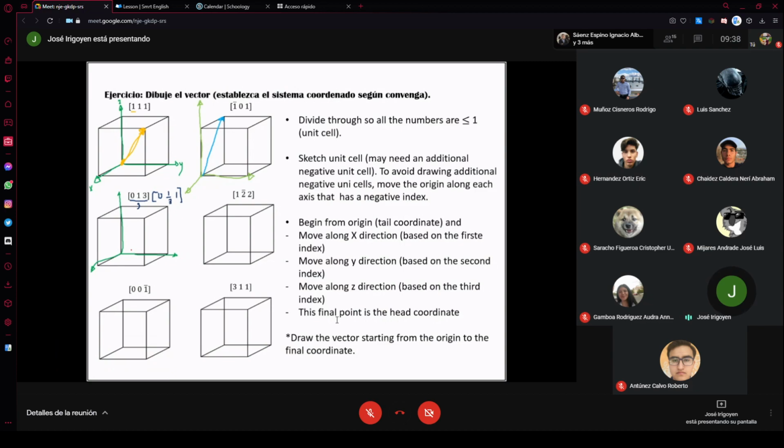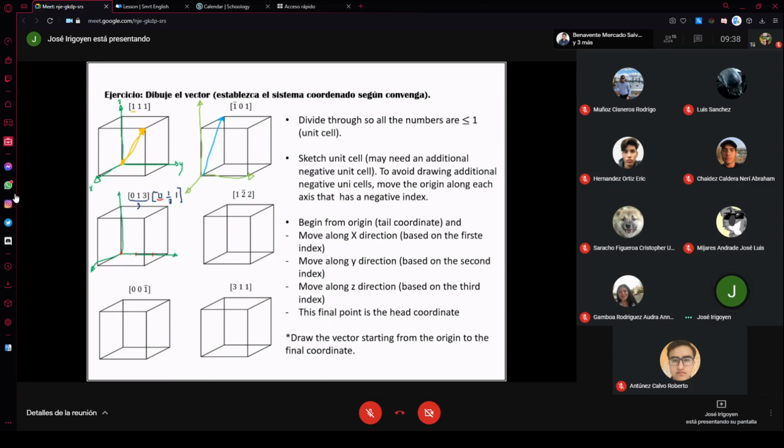So from the origin, we're going to have the tail here. We're going to move along the X direction. In this case, it's 0, so we still are going to be here. In Y, you have 1/3. You need to identify 1/3, so it is more or less here.